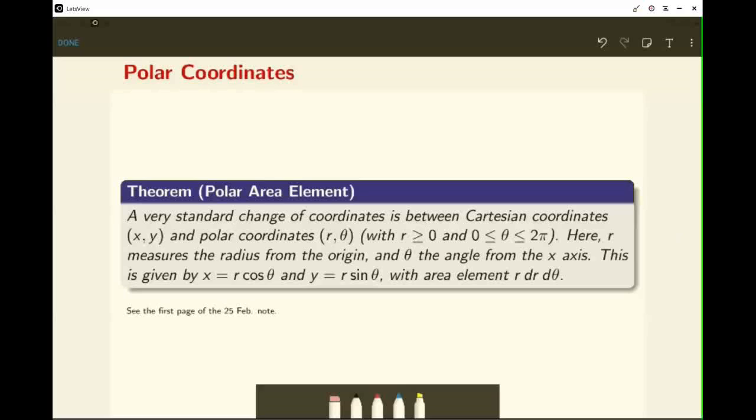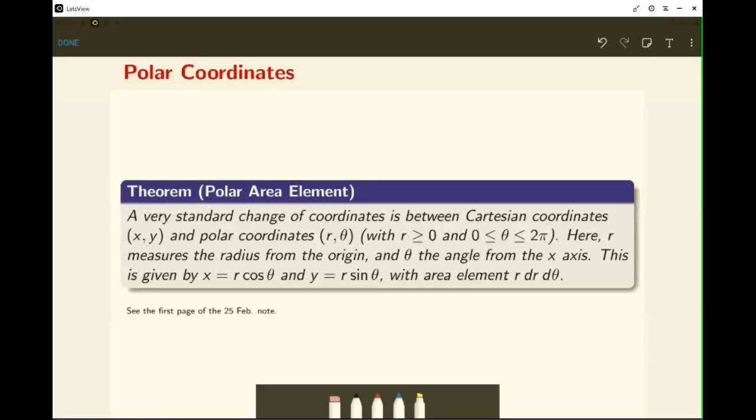One final thing before I switch over to a new recording for the three-dimensional coordinate systems, which be sure to check for that, is the sort of most classical change of coordinates in two variables, which is polar coordinates.